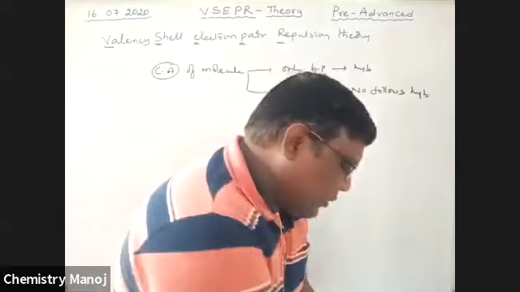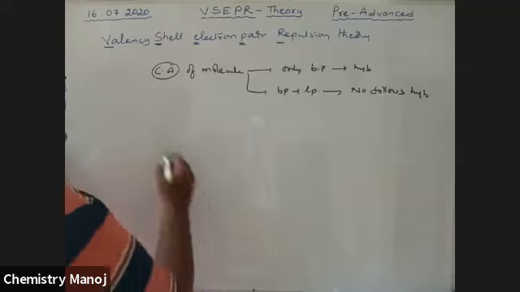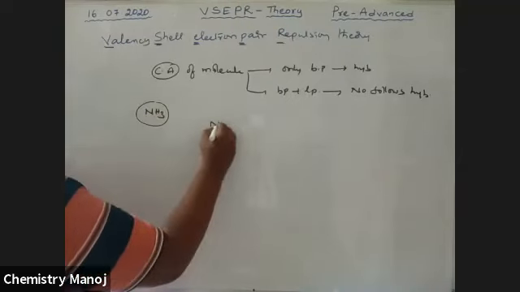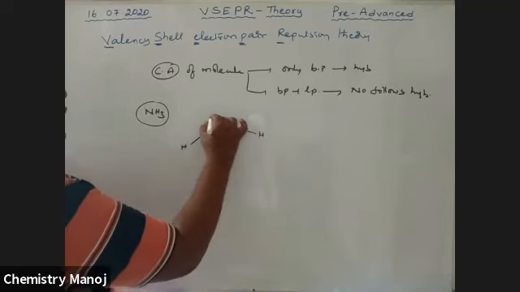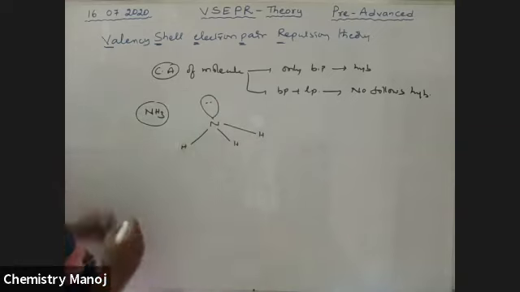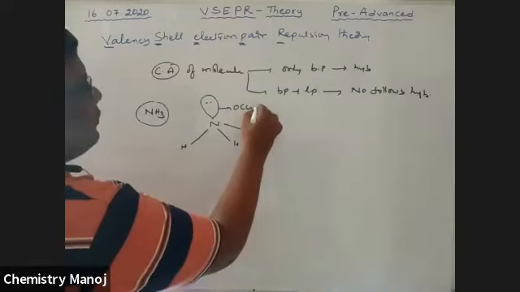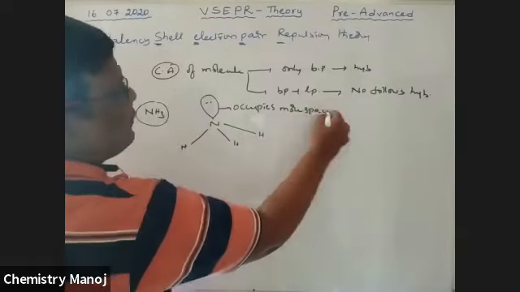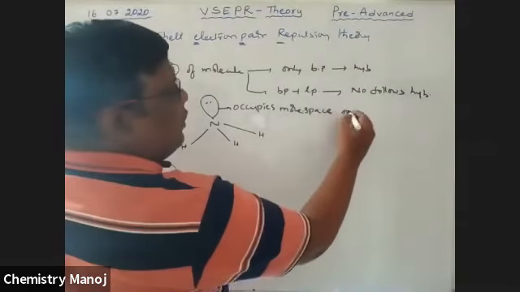So in the NH3 molecule, nitrogen has 3 bonds and a lone pair. Lone pair occupies more space on the central atom.